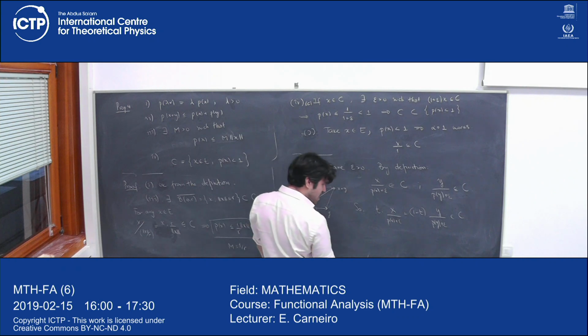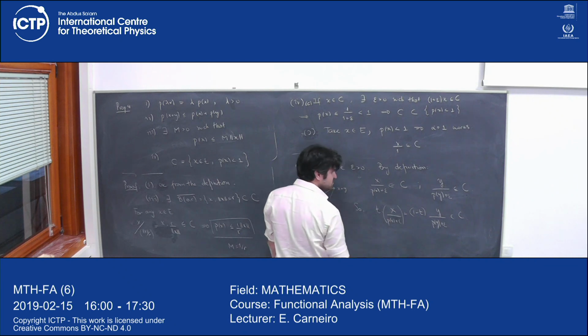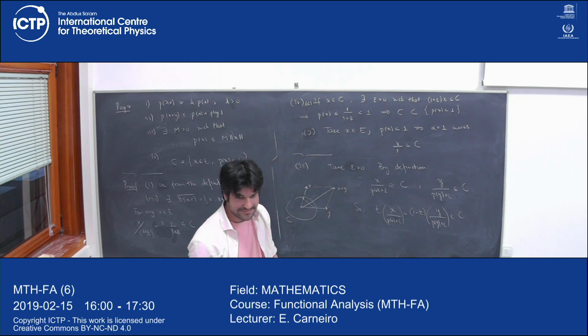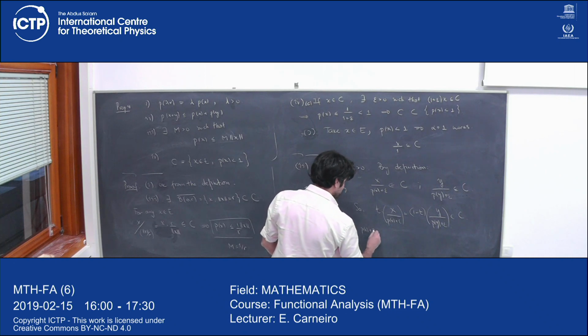So what do I want here? T times this, and 1 minus T times this. Say that again. T is going to be P of X plus epsilon over P of X plus P of Y plus 2 epsilon. This is the numerator, this is the denominator.